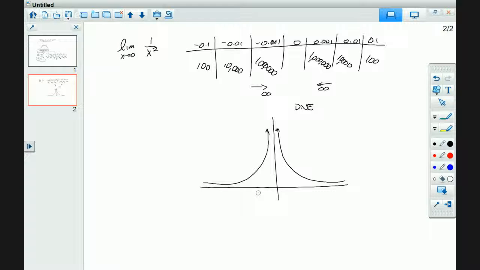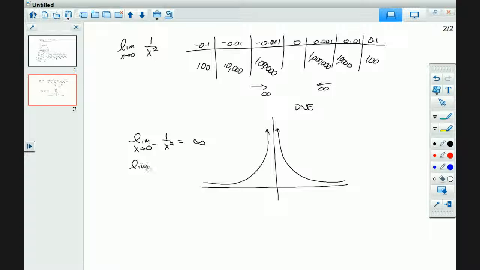Now, let's make sure we got this. So the left limit's infinity, the right limit too. They match, but this is the odd case where they don't come together, so you have to say it does not exist.